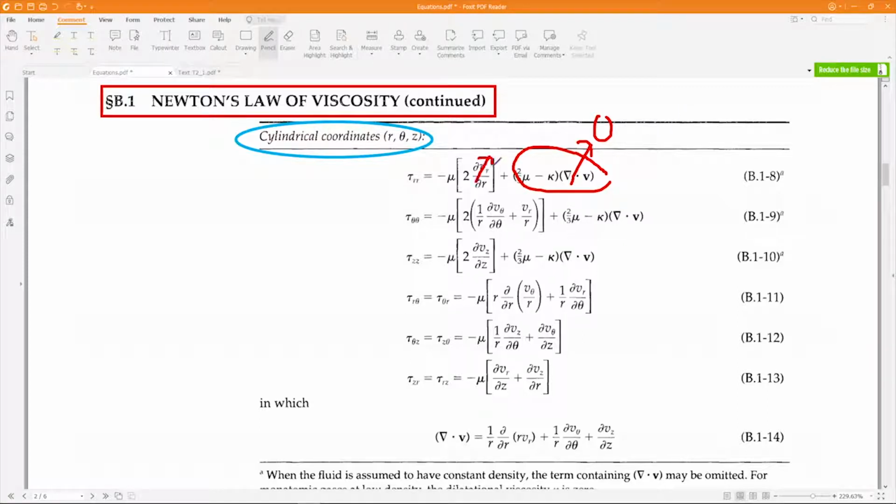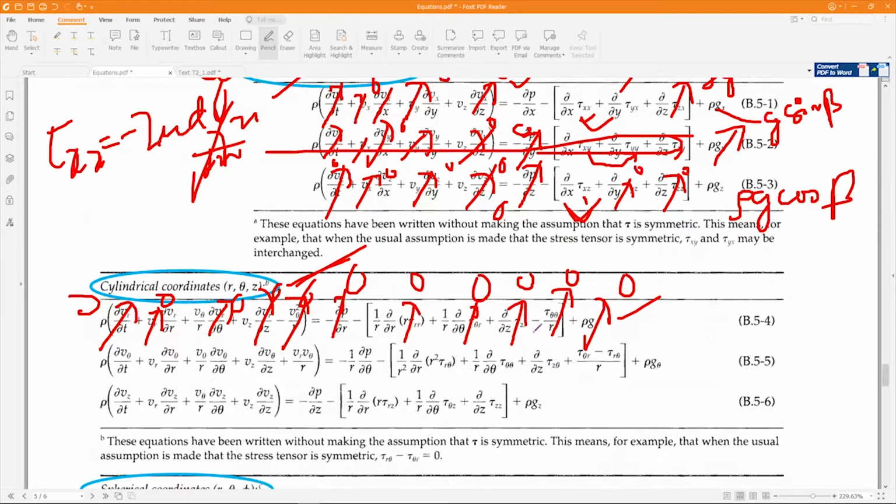So VR is 0, so tau r is 0. You can also take this one, tau zr, right? So what is tau zr? That is Vz, but this will be there. Right? Everything is 0 now.